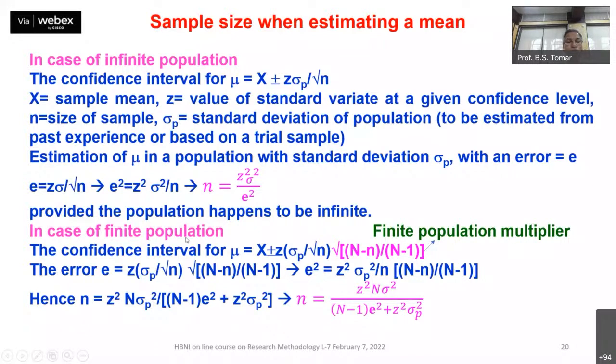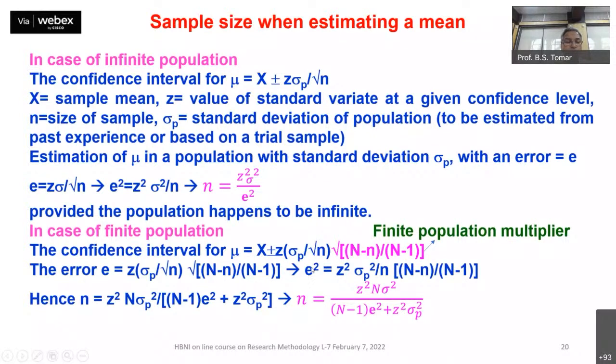But if you have a finite population, then there is a finite population multiplier. The confidence interval for a finite population is mu equal to X plus minus Z sigma_P by root n, into a factor: capital N, the population size, minus small n, the sample size, upon N minus 1, under a square root. So this factor comes into the picture if your population size is finite. The error E is now Z sigma_P by root n, times the square root of that factor.